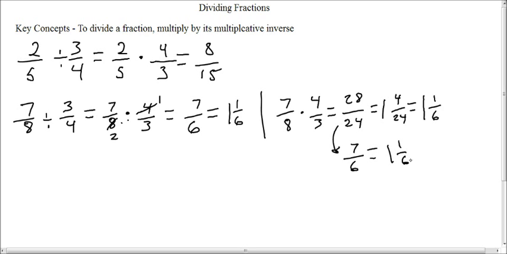So several ways we could have done this, but again, I think a good method is just simplifying prior to multiplying. Okay, let's take a look at another problem. Get all that out of the way.